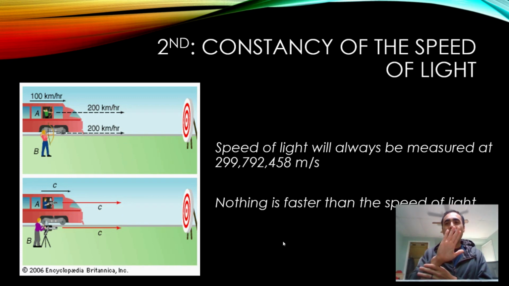So if I move my hand like this, depending how far you are from the screen, it's going to take a little bit longer for you to notice my hand move. If you're in the back of the room, it's going to take slightly longer for you to notice that my hand moved. But if you're right in front of the screen, you're going to notice that my hand moved slightly quicker.